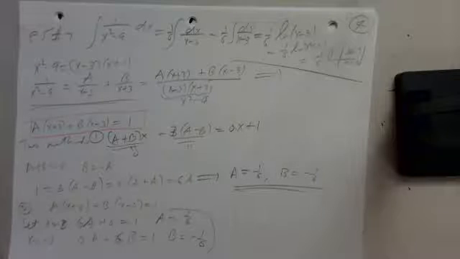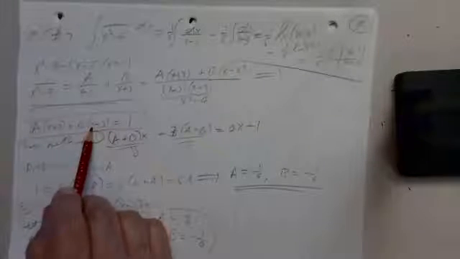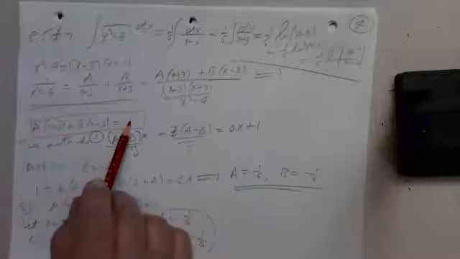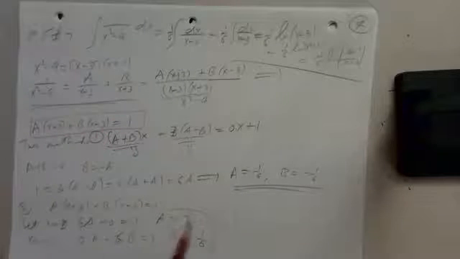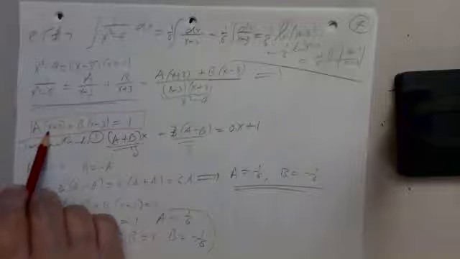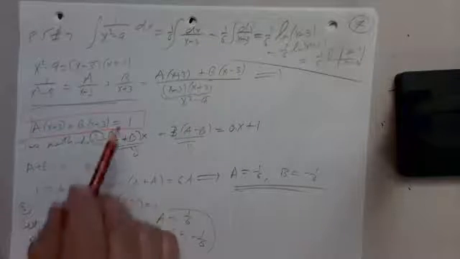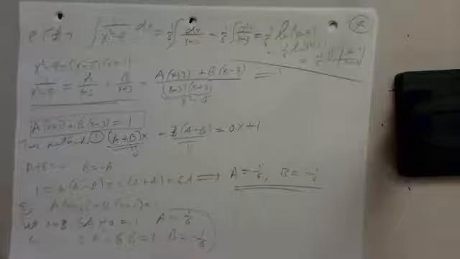One way I can do it is, I notice if I let x equal 3, this term is 0. So I just get 6a equals 1, where a is a sixth. And if I choose x equal to minus 3, this term is 0. I get minus 6b is 1. So b is minus a sixth. That's the simplest way to do it.